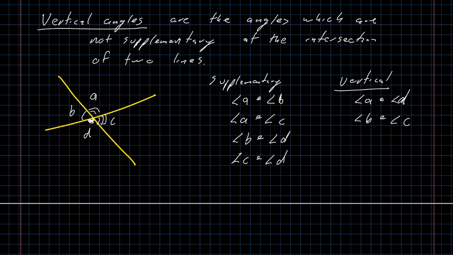But vertical angles have a very interesting property. Let's consider angles B and C. We know that these are vertical angles. We just said that. But think about their relationship to one of the other angles. How about A? Because B and A are supplementary, if you add them together, you get 180 degrees.